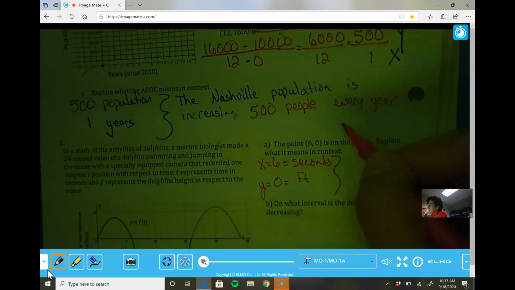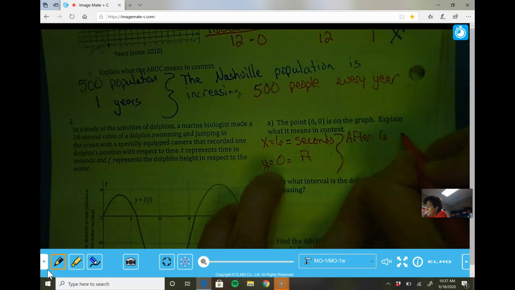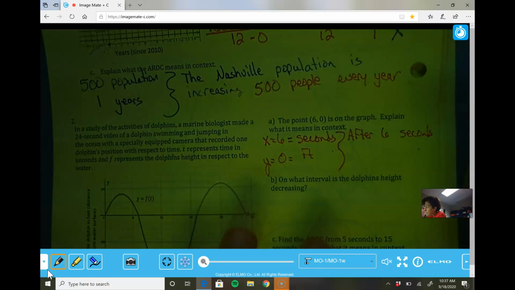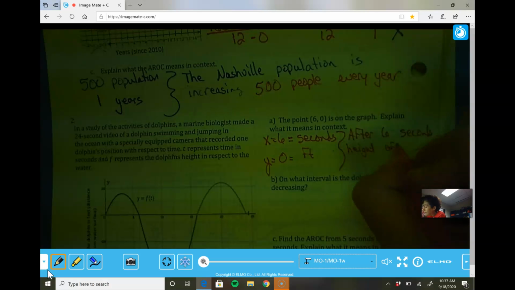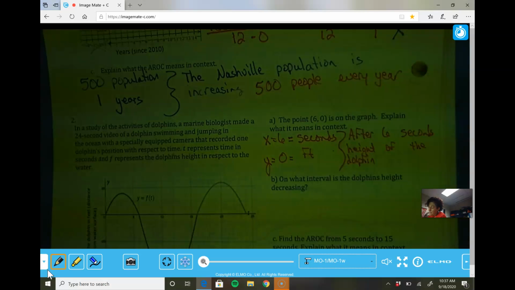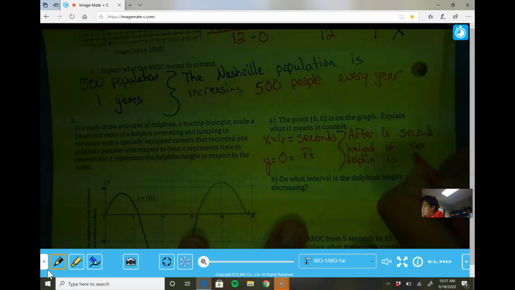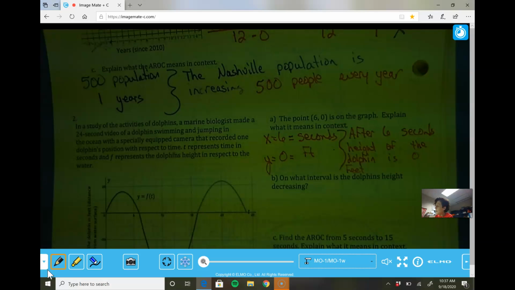But it just means after 6 seconds, the height of the dolphin is 0 feet, which doesn't quite make sense when you think about that.